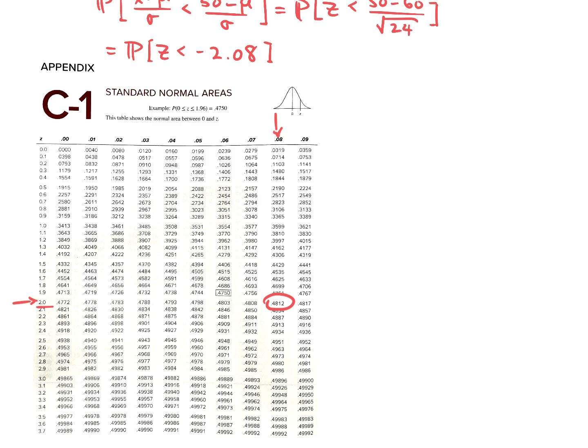Okay, so that tells us that there is a 0.4812 chance of being between 0 and 2.08.